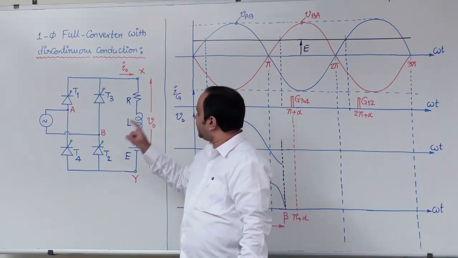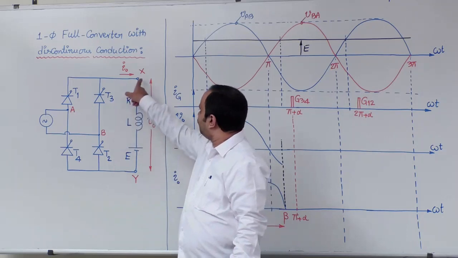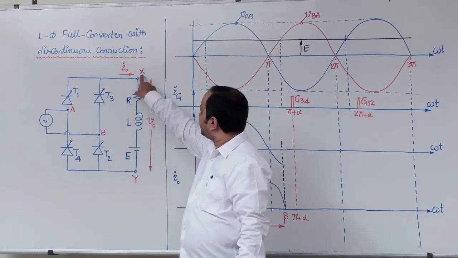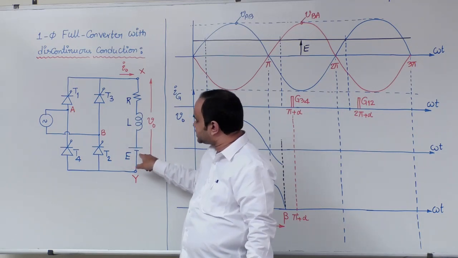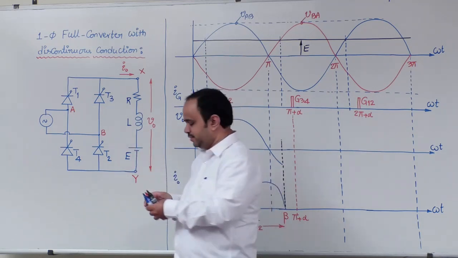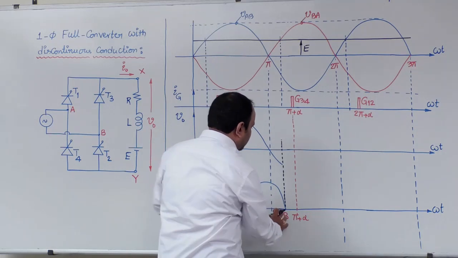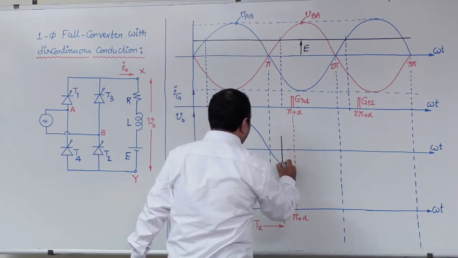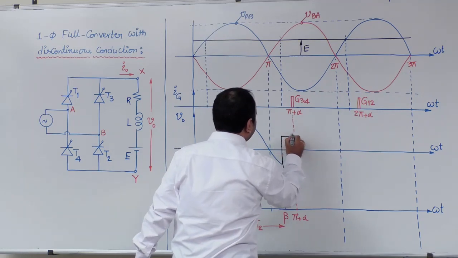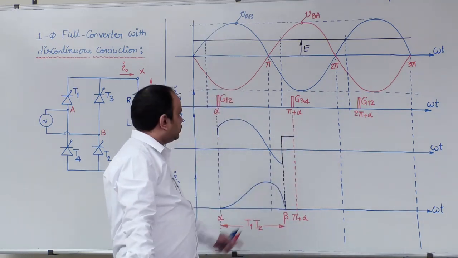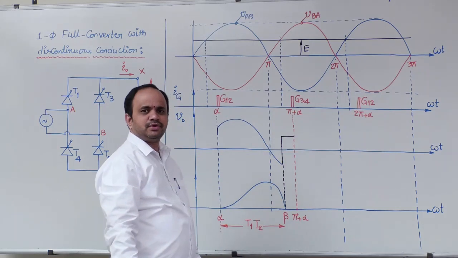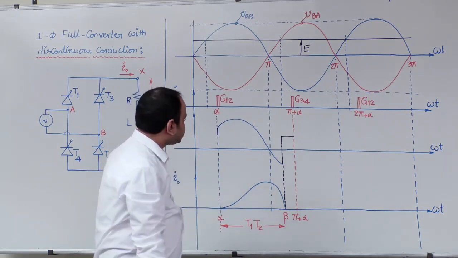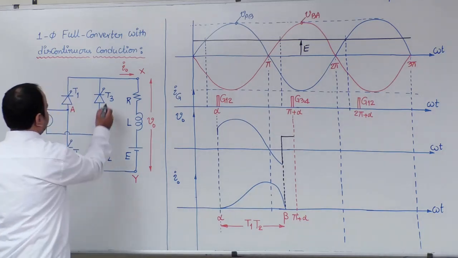Okay. So from beta to pi plus alpha, when there is no current flowing through the circuit, the voltage across the XY terminals is simply the same as E. Therefore, from beta to pi plus alpha, I can draw output voltage equal to load EMF E. Next, at pi plus alpha, look into the circuit diagram.